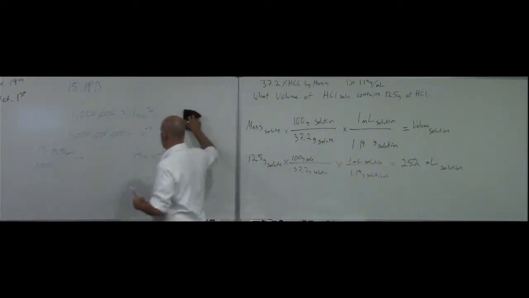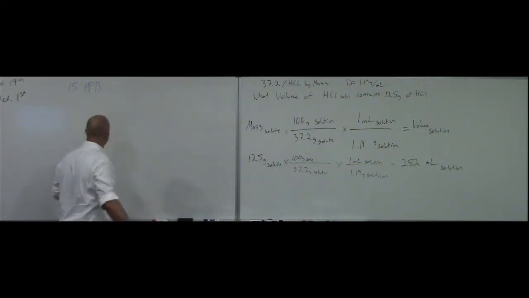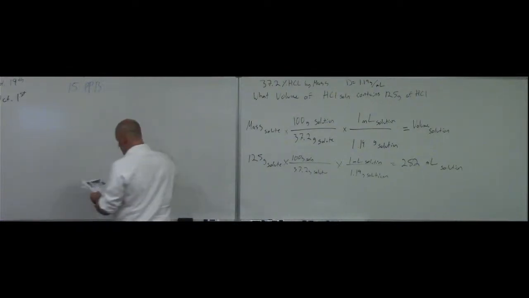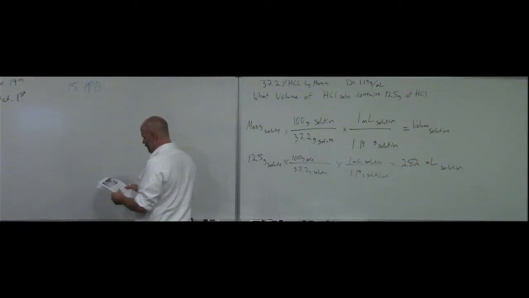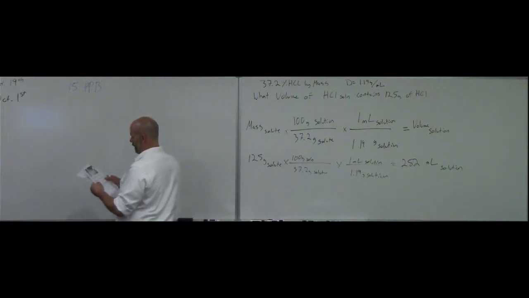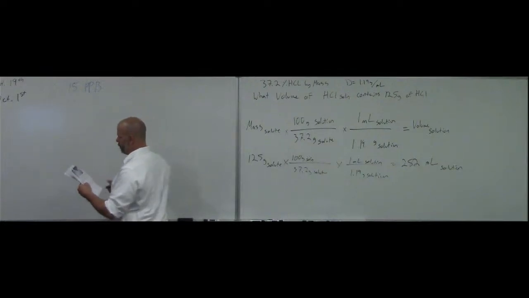The second component here is this. Remember, I got 15 parts per billion, and it asks, at this concentration, what mass of lead would be contained in a typical glass of water?